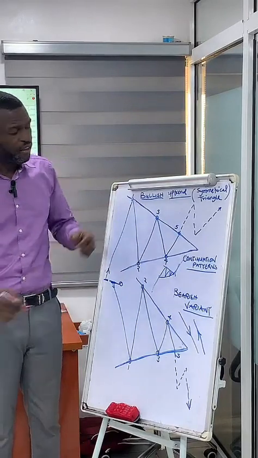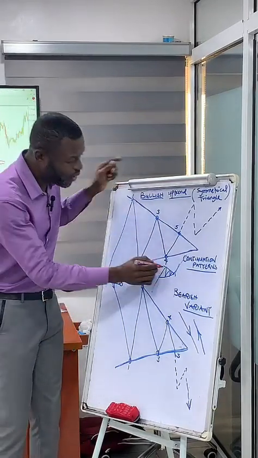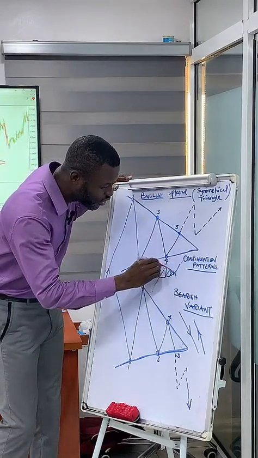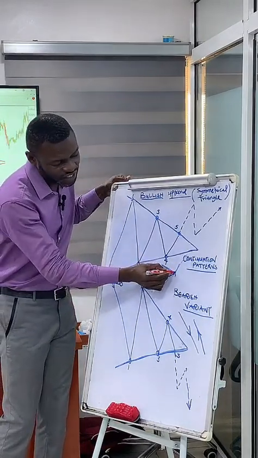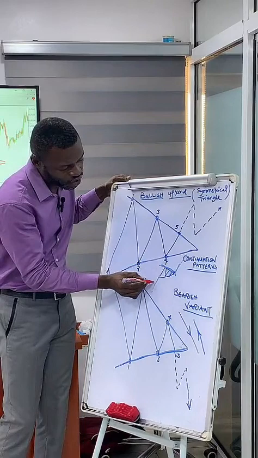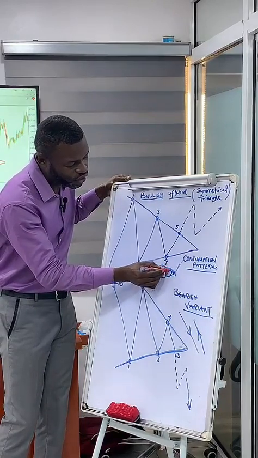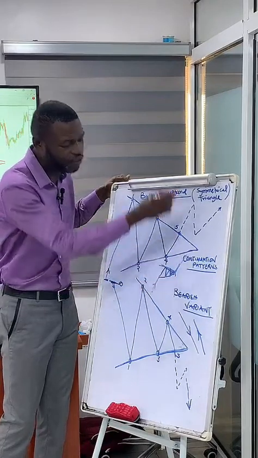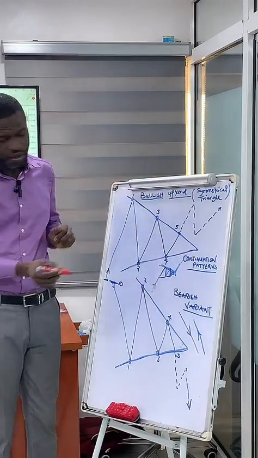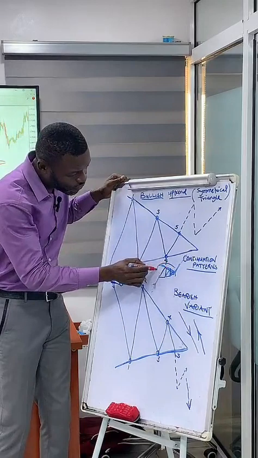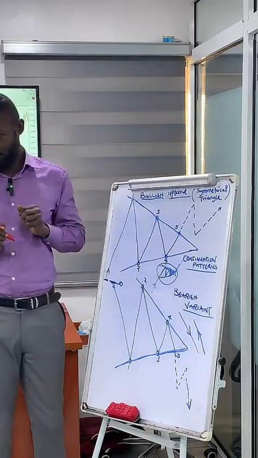It's just as if there's a barrier here. The market is coming upwards, goes, drops, goes, drops, goes, and then breaks out of it and continues. This is called a continuation pattern.